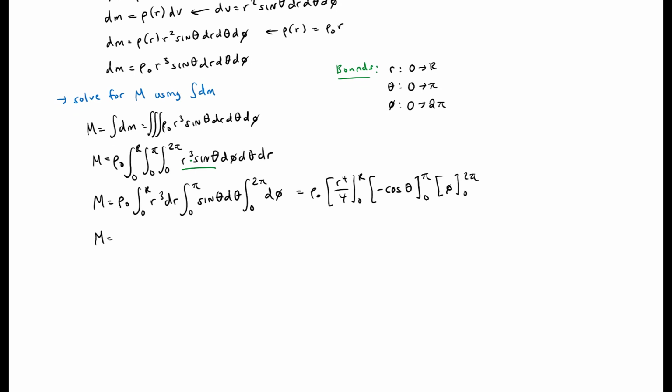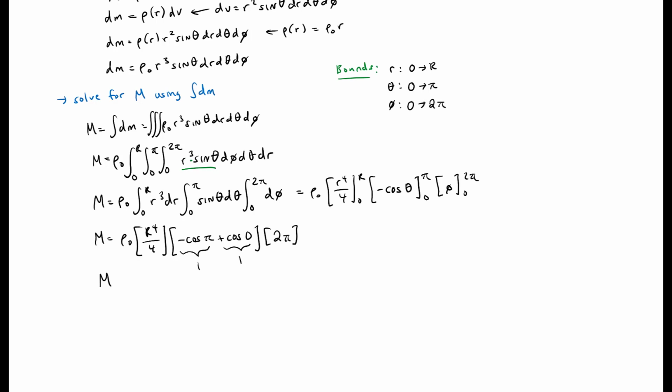M is now equal to rho naught, capital R to the 4 over 4, times minus cosine of pi plus cosine of 0, and 2 pi. This is simply cosine of pi is negative 1, so this is 1.